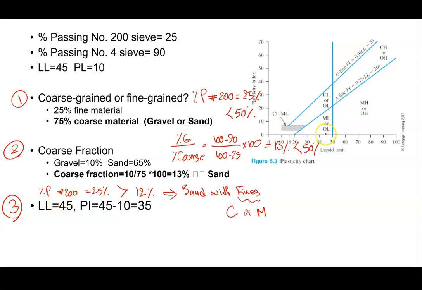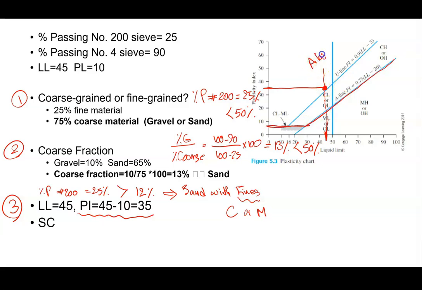Liquid limit is 45, which is here. And plasticity index is liquid limit minus plastic limit, which is 35, which is up here. So our point is above the A line. This is the A line.